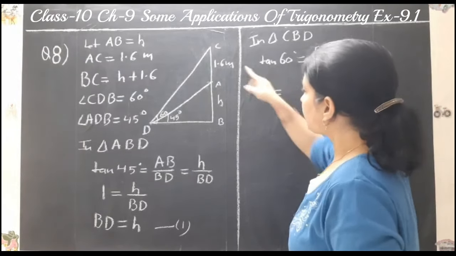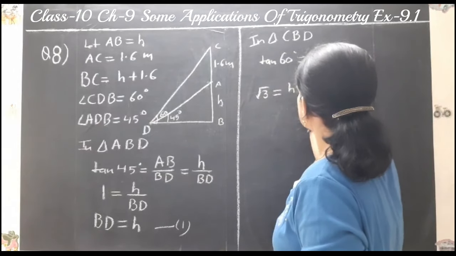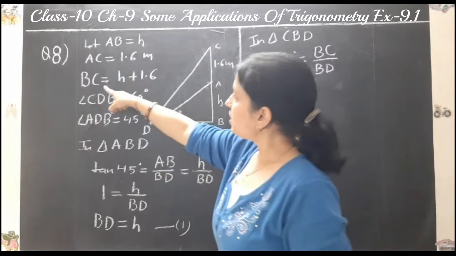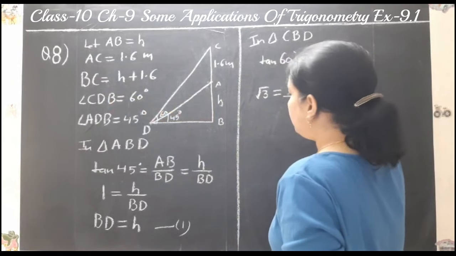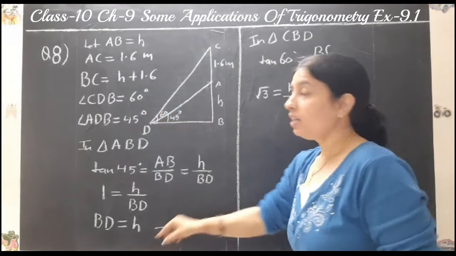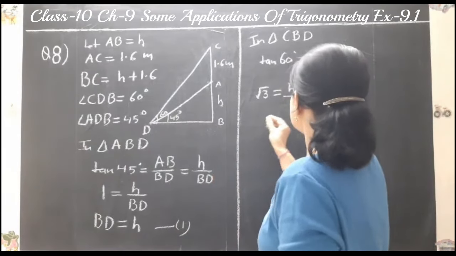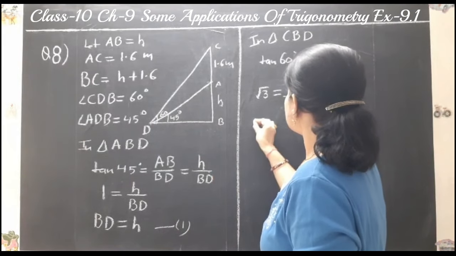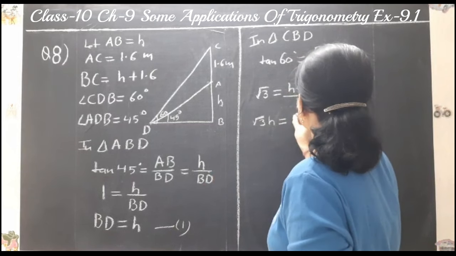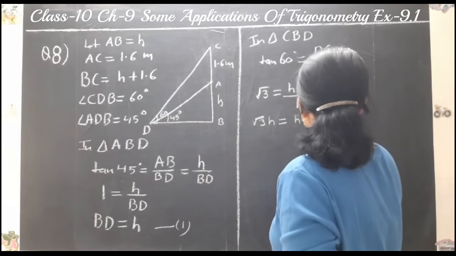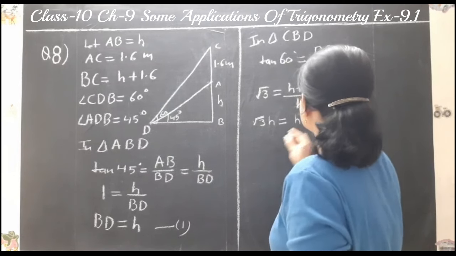BC is equal to h plus 1.6, and BD from here is h. So do cross multiplication. So √3h is equal to h plus 1.6.